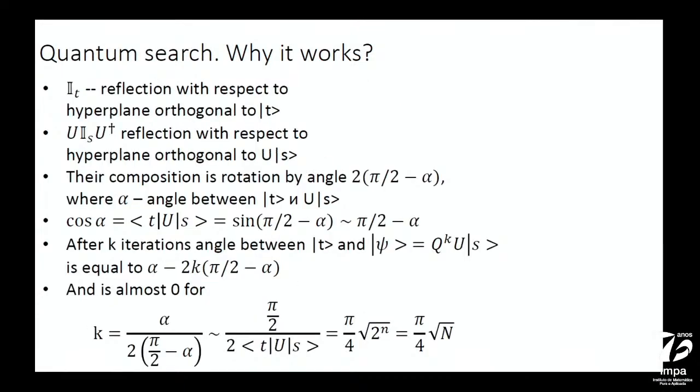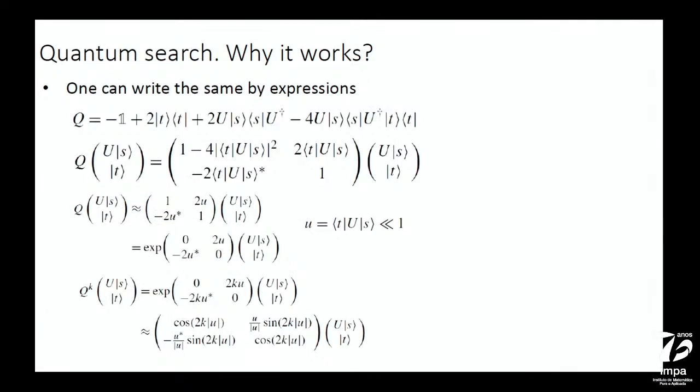So if you are not happy with the geometrical story, you can repeat the same in the algebraical sense. And the key idea here is that the hyperplane generated by vectors us and t remains invariant.